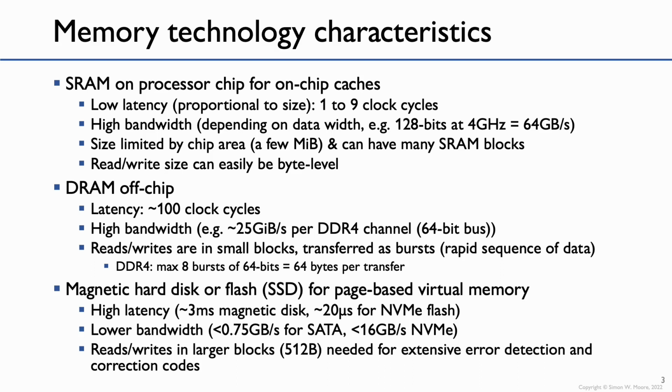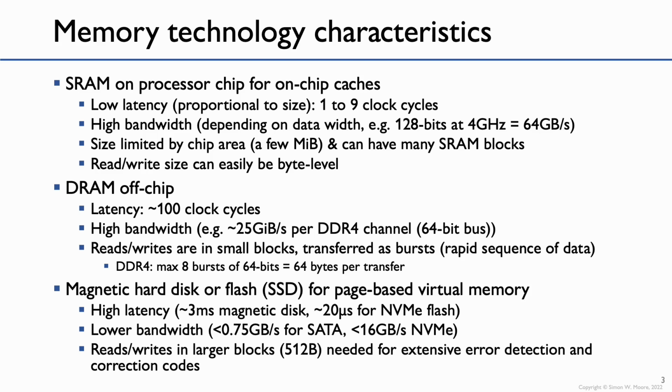And then we've got some form of disk, either magnetic hard disk or flash memory, and we tend to use that for page-based virtual memory. And I'm going to talk about virtual memory much more next lecture. So this is typically high latency. For a magnetic disk, you've actually got to wait for the disk platter to spin around under the disk head, and it could easily take 3 milliseconds to access that data.